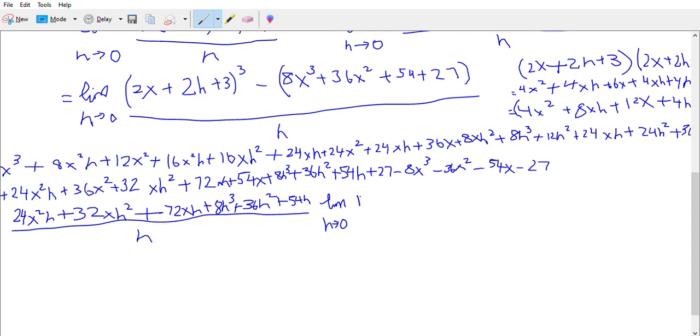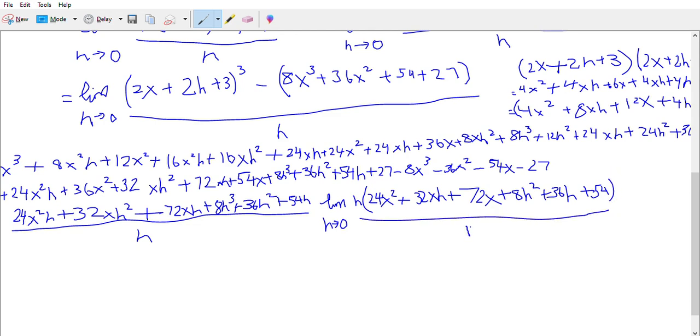Now let's take out the h, and now we will have h times 24x squared plus 32xh plus 72x plus 8h squared plus 36h plus 54. And all of that divided by h in the denominator.